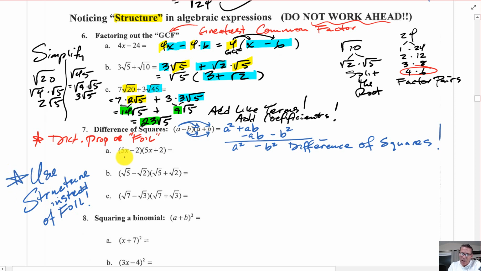So this is a minus b, and this is a plus b. So I see that one's a sum, one's a difference. So all you do is square both and subtract. That's all you do. Let's write that down. Square both and subtract.